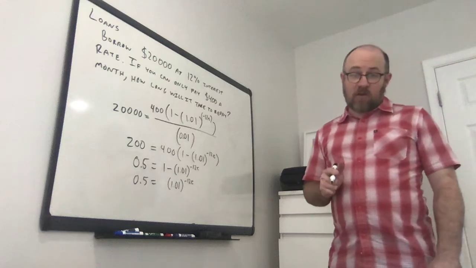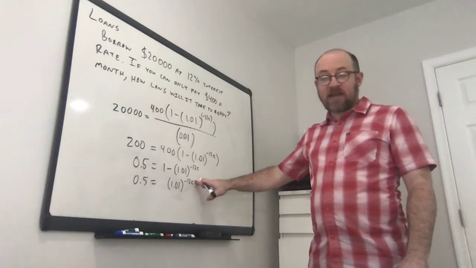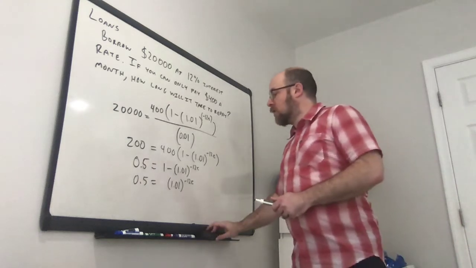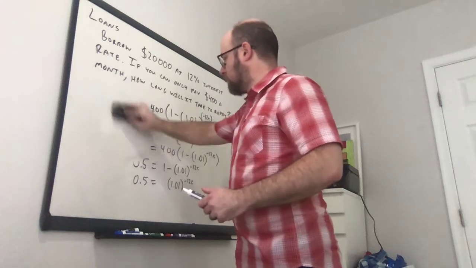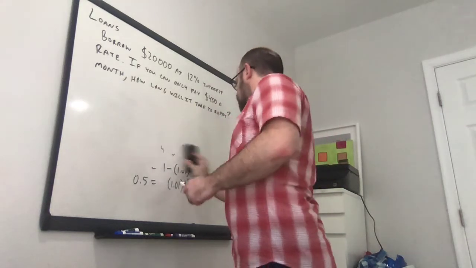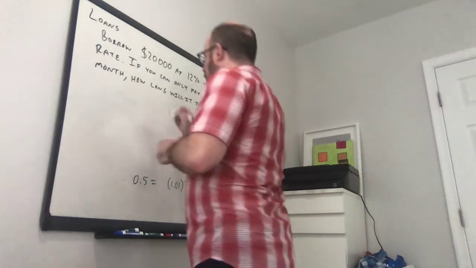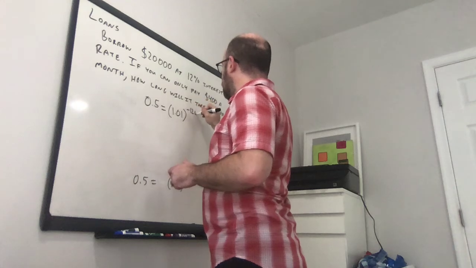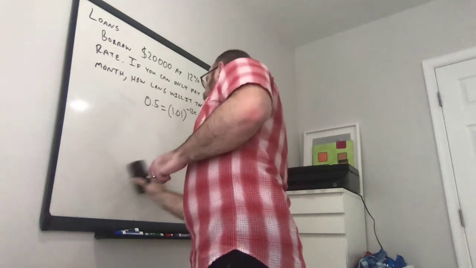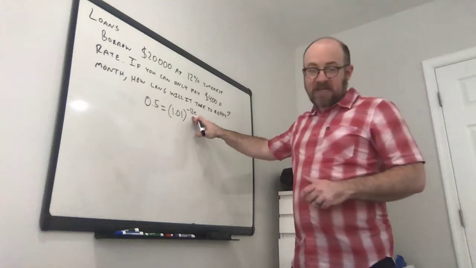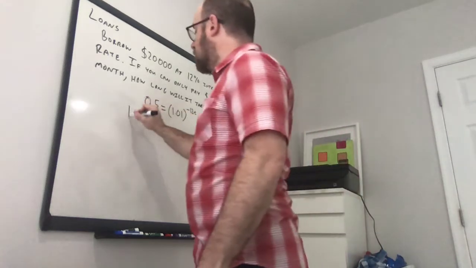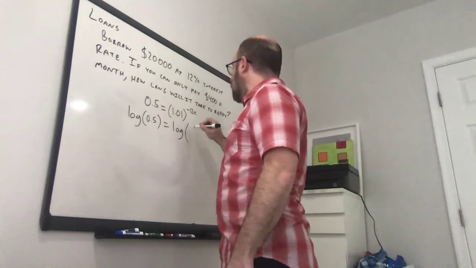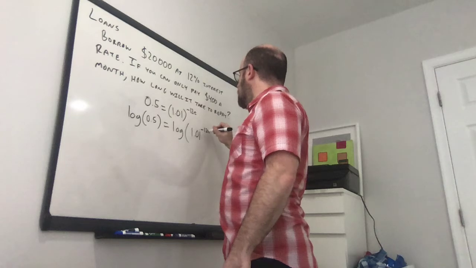And now we need to use logarithms. Okay, so remember when we were trying to get something out of the exponent, we had to use a logarithm to get that out. So we've come down to the point where we've got, let me rewrite this, 0.5 equals 1.01 to the negative 12t, and we need to solve for t. We're going to take the logarithm of each side. So log of 0.5 equals log of 1.01 to the negative 12t.